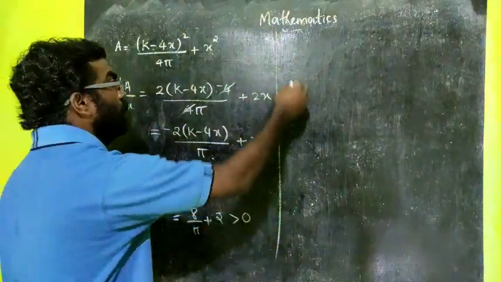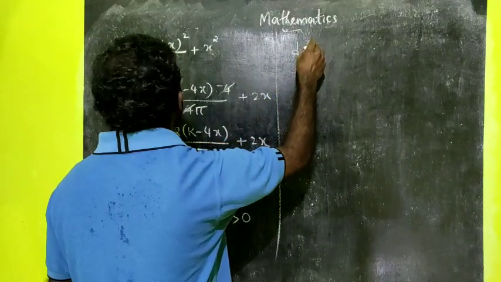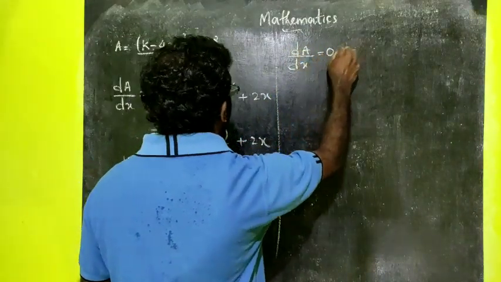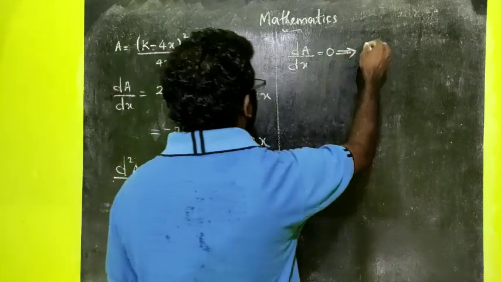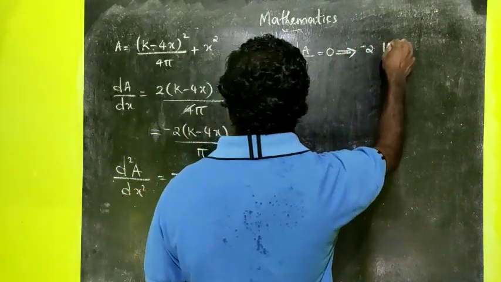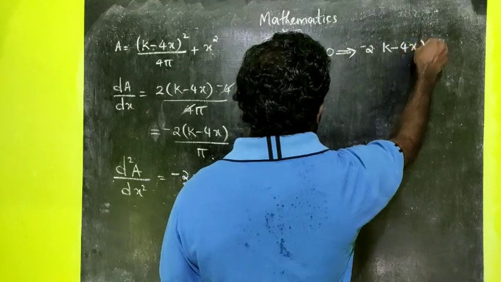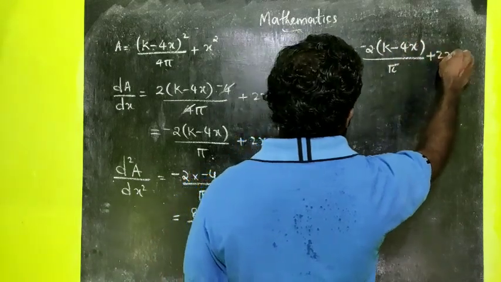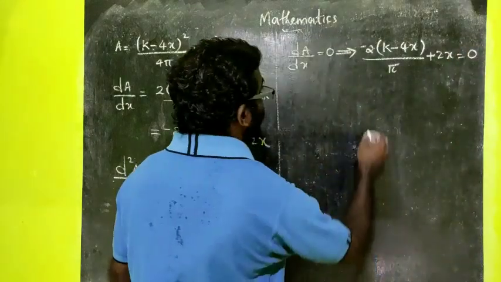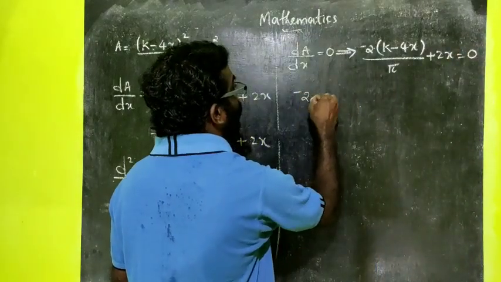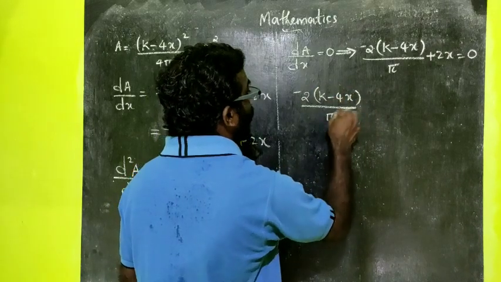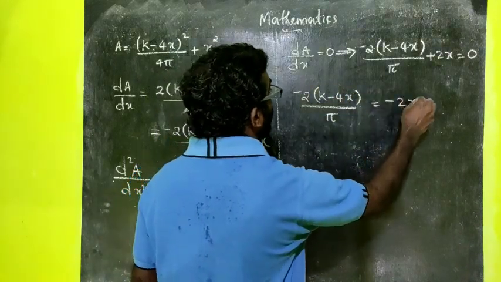So we can find the value of x when dA by dx equals 0. So dA by dx equal to 0 implies minus 2 into (k minus 4x) by π, then plus 2x equal to 0. So here we can write minus 2 into (k minus 4x) divided by π equal to minus 2x.